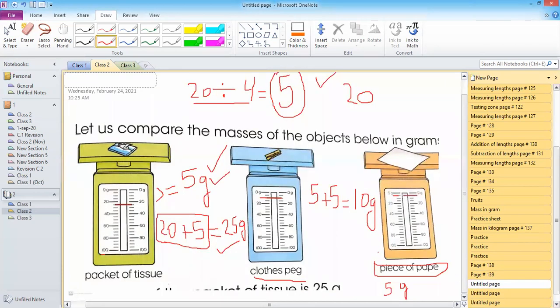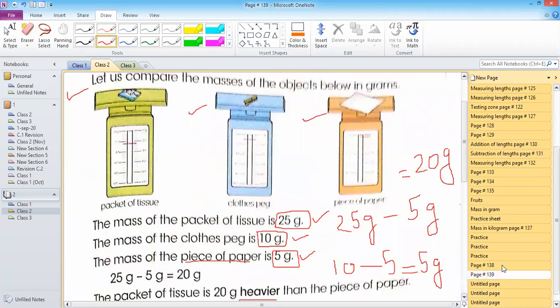Now talk about this cloth pack. How many intervals do you see? 1 and 2. You know one interval is equal to 5. So 5 plus 5 is equal to 10. So the mass of the cloth pack is equal to 10 gram.